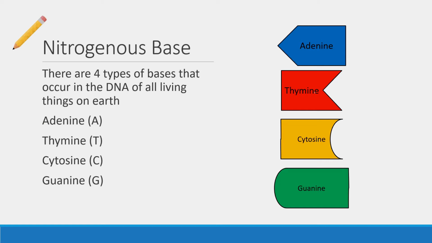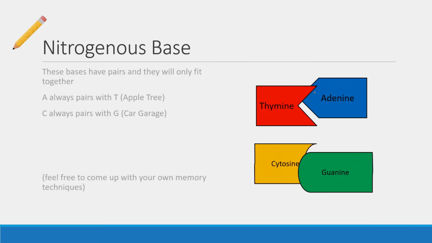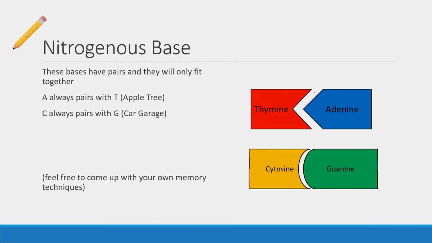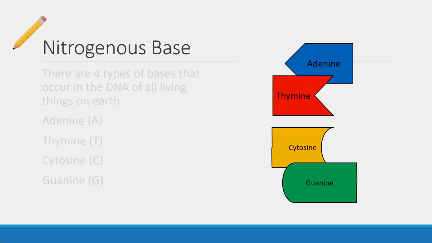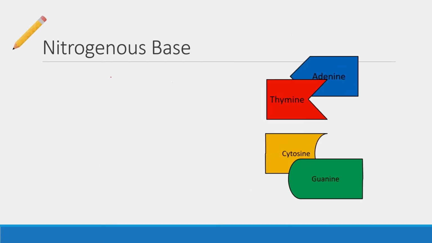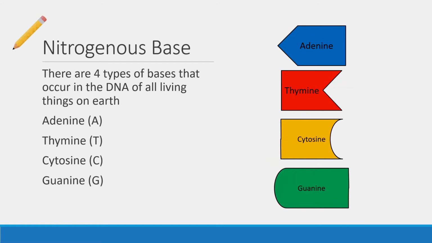The basics here are that there are 4 types of these bases: adenine, thymine, cytosine, guanine. You might think those names are really complicated, and they are, but ultimately all you need to know is that the bases can be represented as A, T, C and G. Come on, circle.